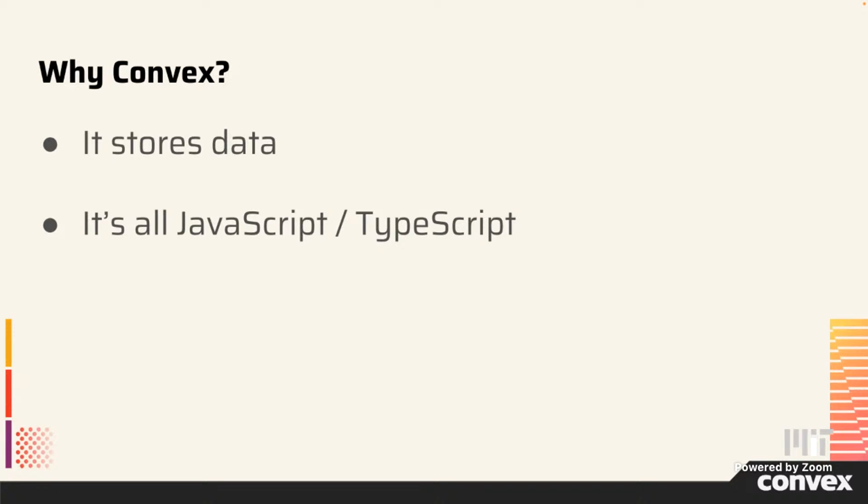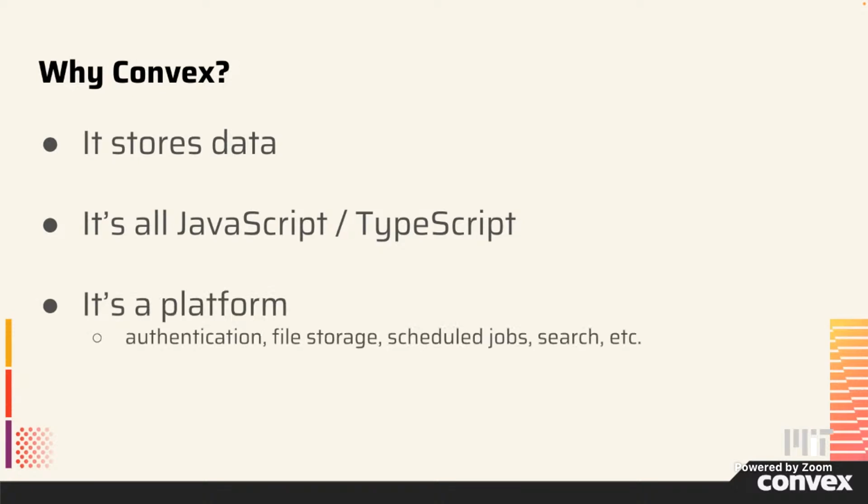Even if you're not, it's easier to learn JavaScript and write code in JavaScript than to write some fancy SQL one-liner. And it's a platform, so it has all of these other things nicely built in that you probably need, like authentication, storing files, scheduling things, or search.